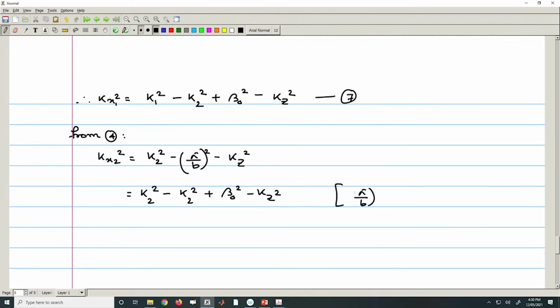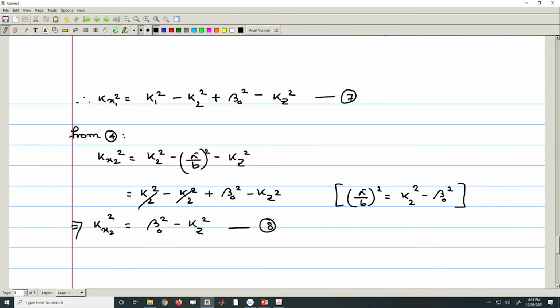In place of (pi by b) square, we substitute k2 square minus beta naught square. So, k2 square will cancel out and we will be left with kx2 square as beta naught square minus kz square. So, this is equation number 8.